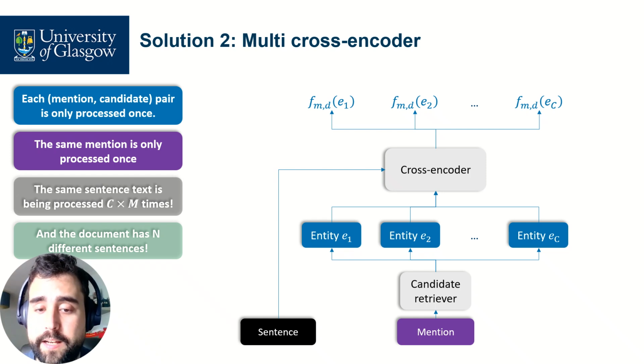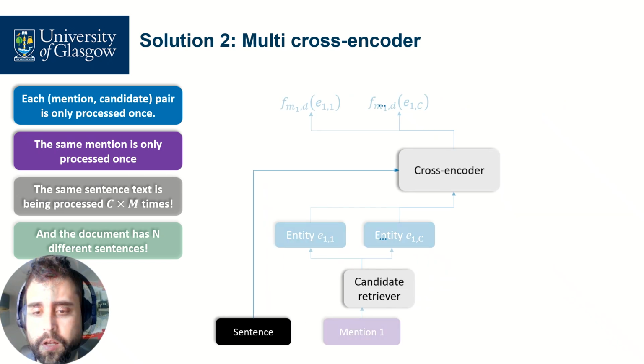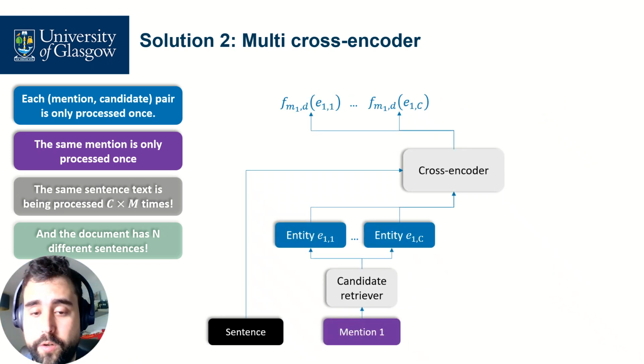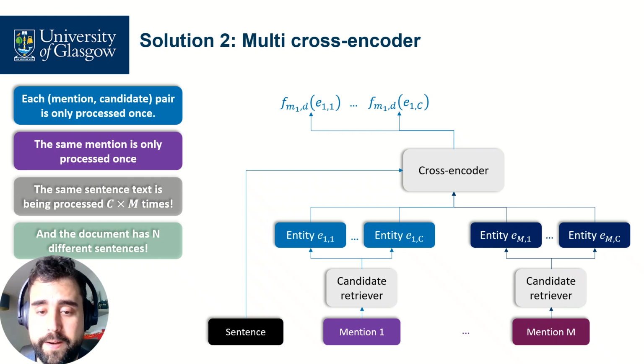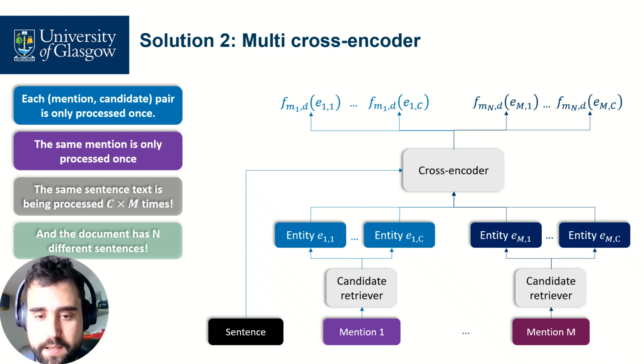If we take the architecture of the parallel cross-encoder, where we only pass one mention to the cross-encoder, the idea is that here we are just going to pass all the mentions within a sentence to the cross-encoder. So we are passing simultaneously all the mention-entity pairs in a sentence and computing their scores in one call.